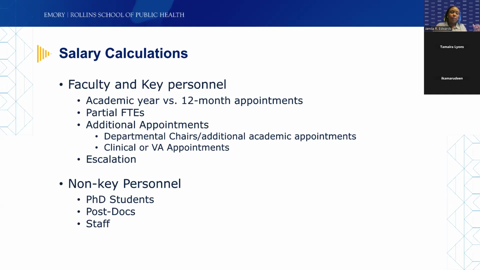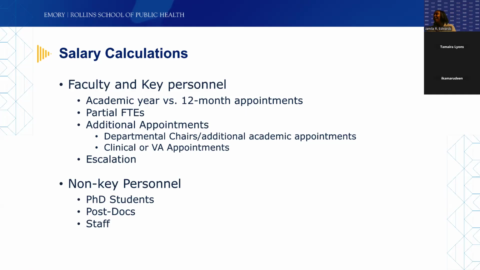She already mentioned that sometimes there are partial FTEs. Now, for partial FTEs, we will go ahead and annualize. By that, I mean, if they're paid a certain amount as a 0.75 FTE, we need to look at what that rate would be if they were a full FTE, because we want to make sure that we're not violating any salary cap requirements, because that has happened.